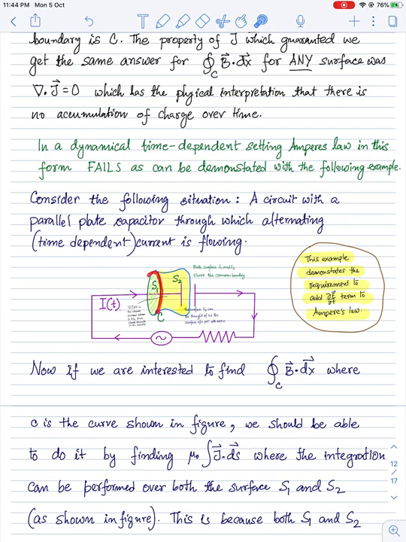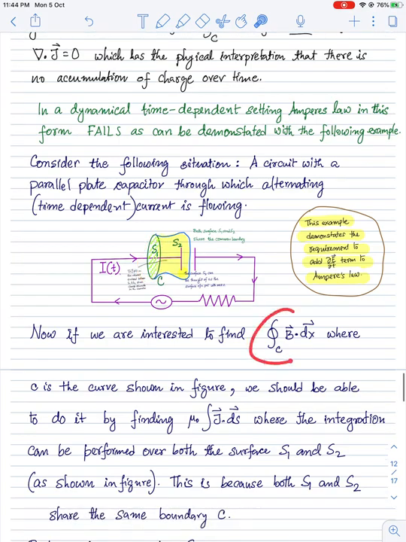So now if we consider the magnetic fields being created by this flowing current, and if we consider this loop C as indicated, then we consider the line integral of the magnetic field on this closed loop.